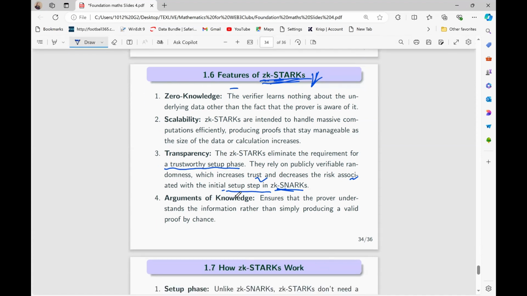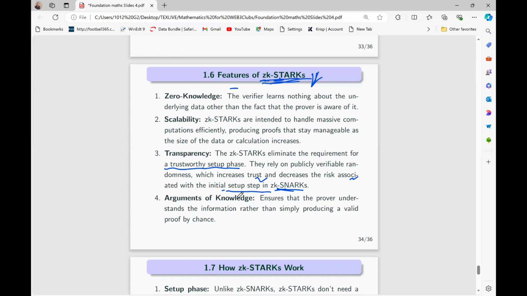Of course, we have the argument of knowledge. It is the same as it was in the ZK snarks: it ensures that the prover understands the information rather than simply producing valid proofs by accident.